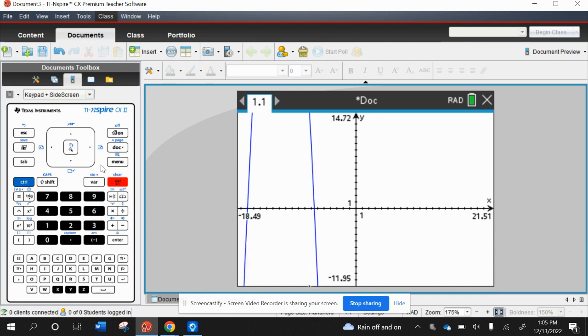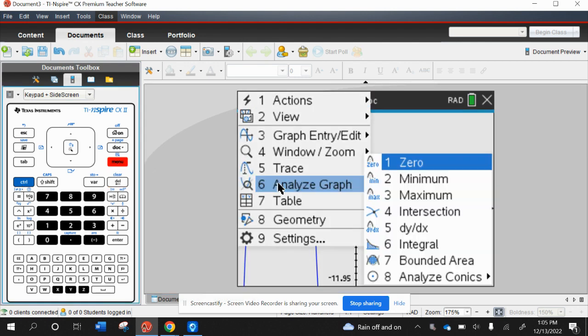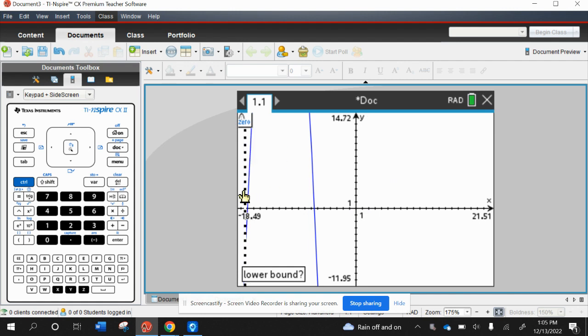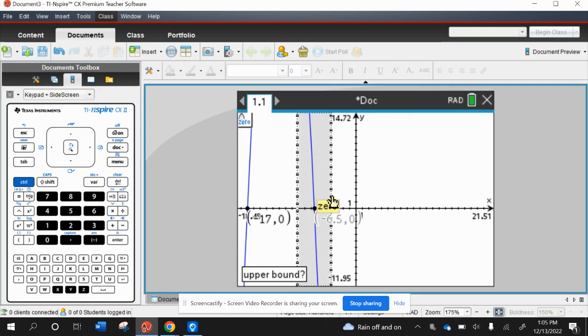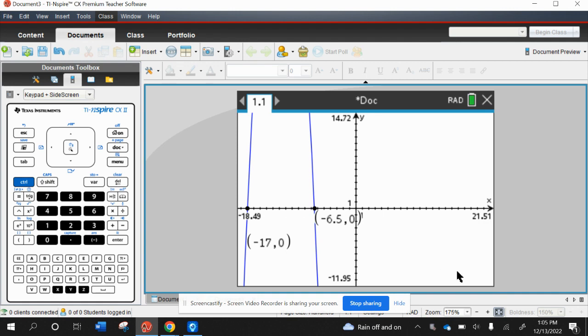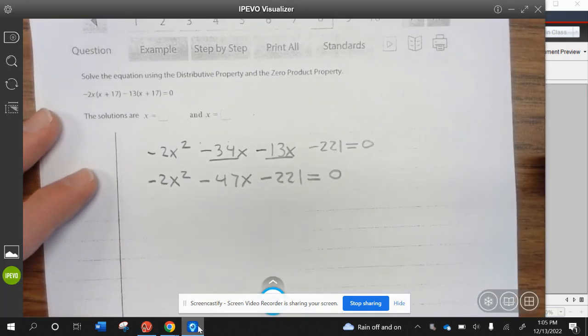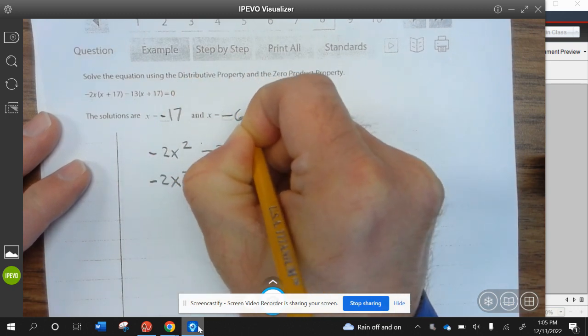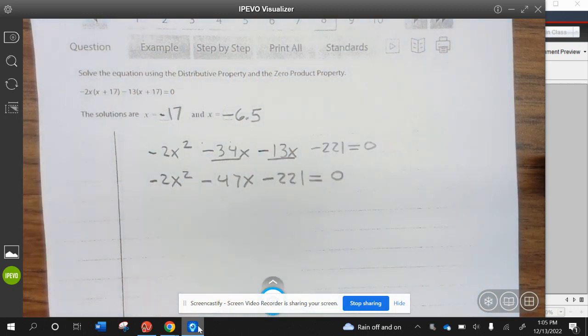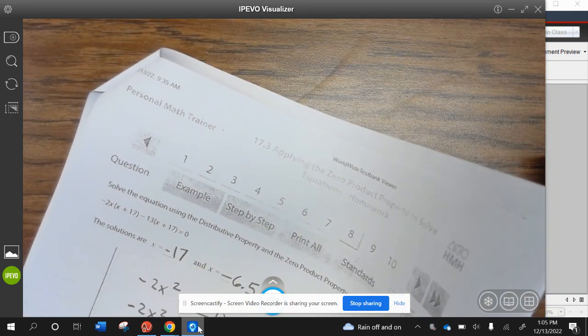I can delete the equation. Now, Menu, Analyze Graph, Zero, click, drag, Menu, Analyze Graph, Zero, click, drag. So my zeros are negative 17 and negative 6.5. All right, let's take a look at the next example.